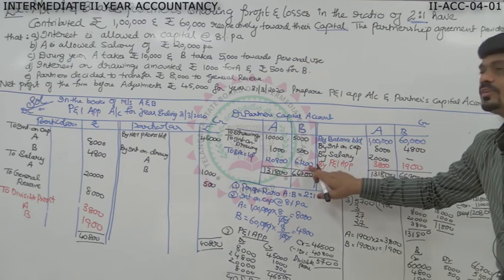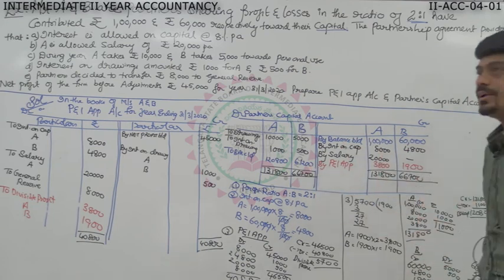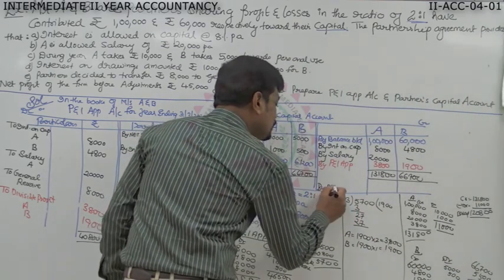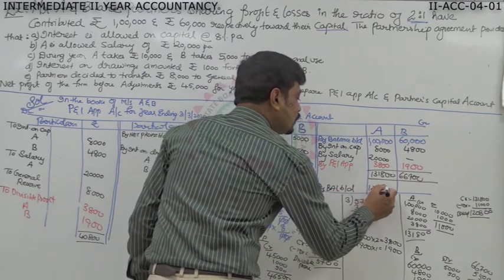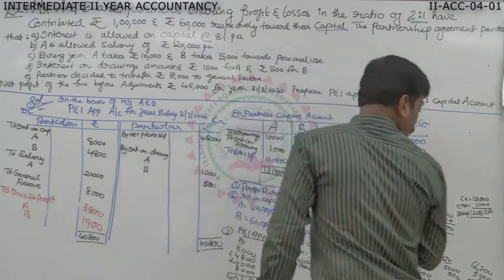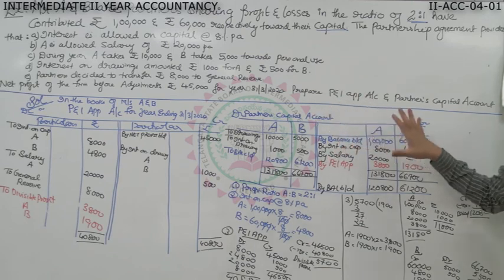It became 61,200. Capital is increased. That is fluctuated. So this we are going to bring as new capital by balance brought down. 1,20,800, 61,200. Like this. This is the solution.